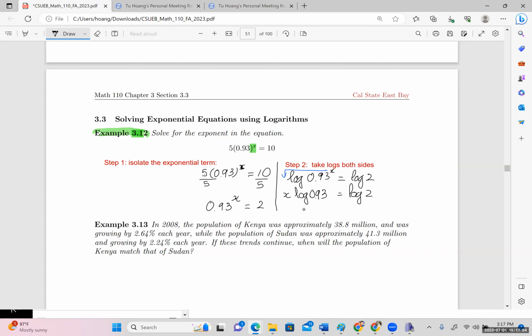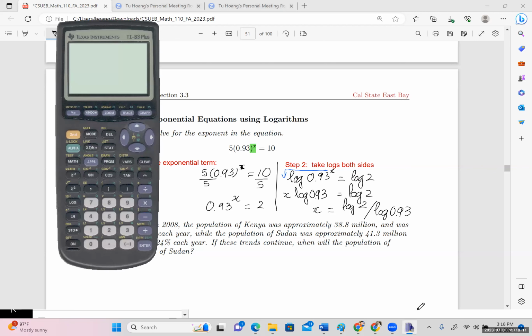That gives us x equal to log 2 divided by log of 0.93. At this step you can just use a calculator: log 2 divided by log 0.93.